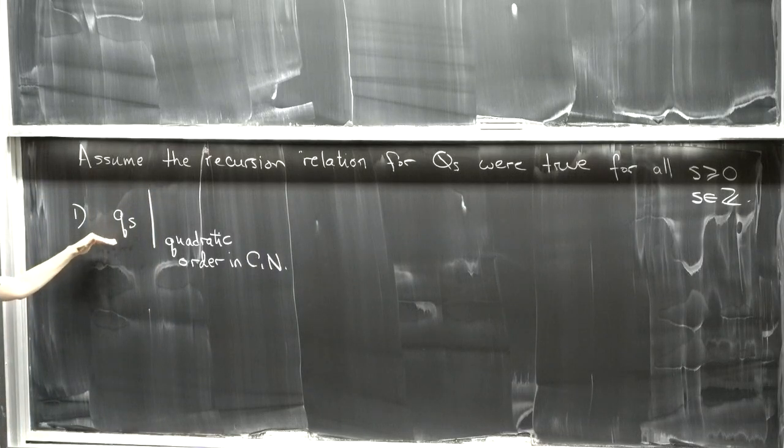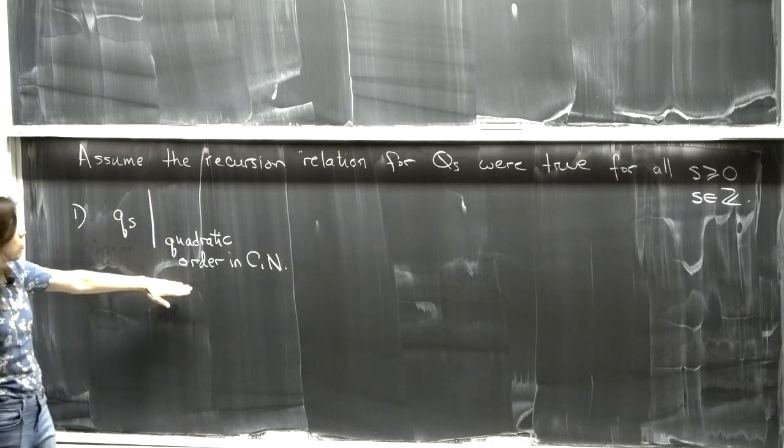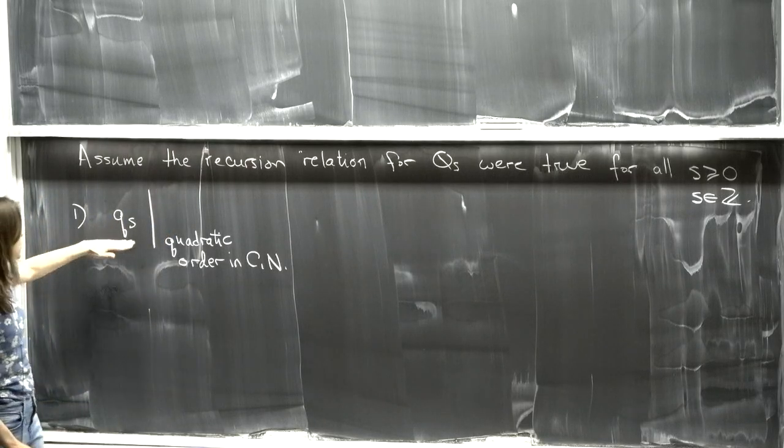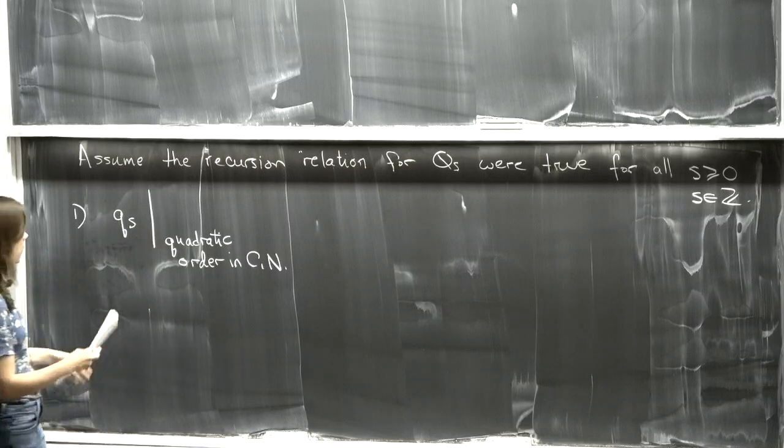They are going to be polynomials in C and N of degree, roughly speaking, s divided by 2. So the degree of the polynomial scales with s. So one truncates them to quadratic order in C and N, takes the limit u goes to minus infinity, because this is what we saw last time, gave rise to charges, at least in the s equal to 0 case.